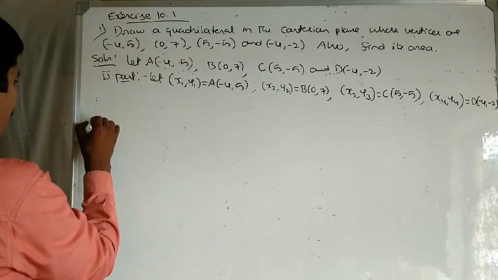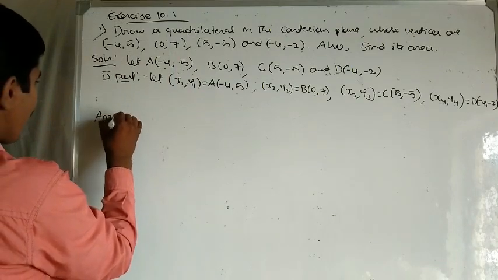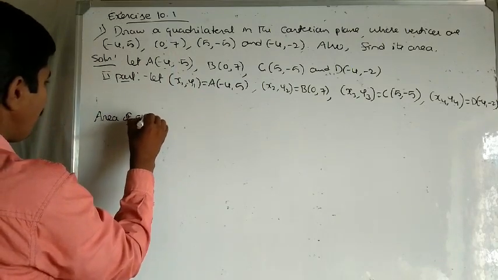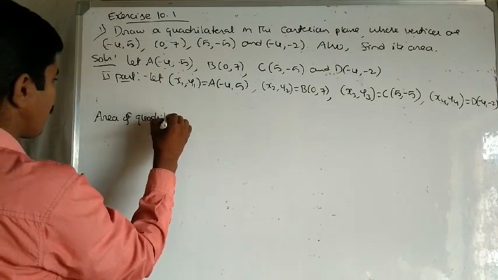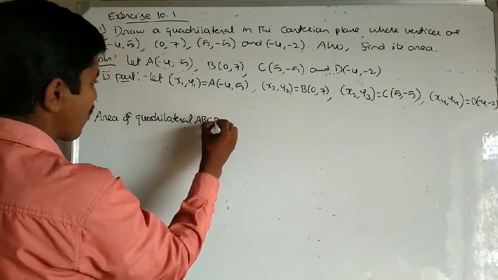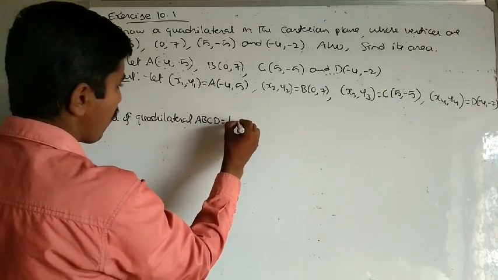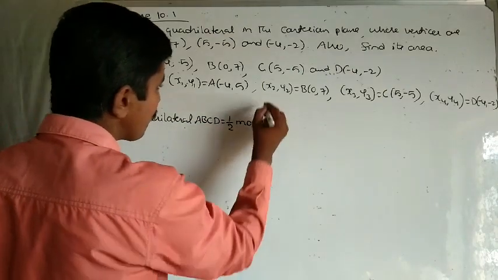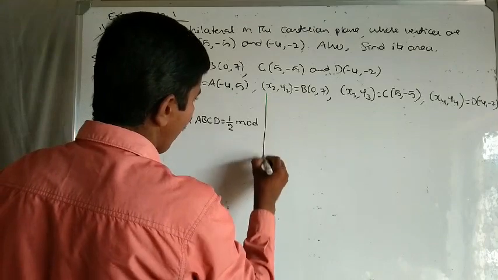We know the formula: area of quadrilateral ABCD equals half into the modulus of, take a vertical line like this.